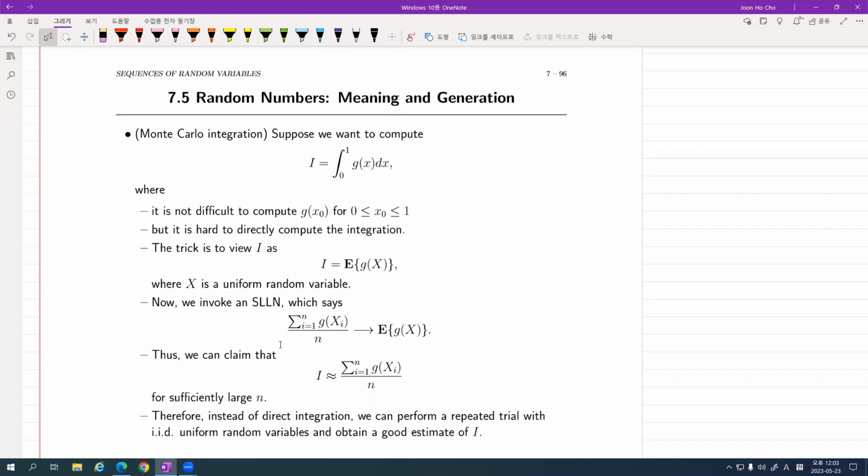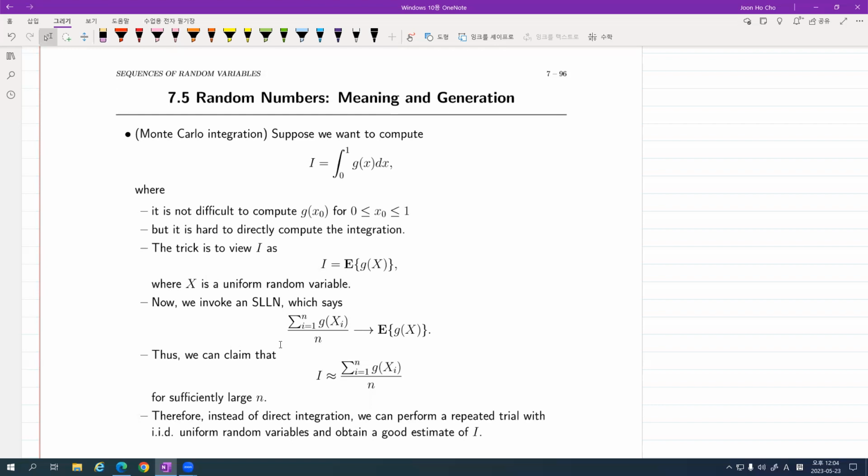If function g is very simple, then probably you integrate it yourself. For example, g(x) is x, you can even compute it in your head. If g(x) is a polynomial, no problem. If g(x) includes some elementary functions, still no problem.